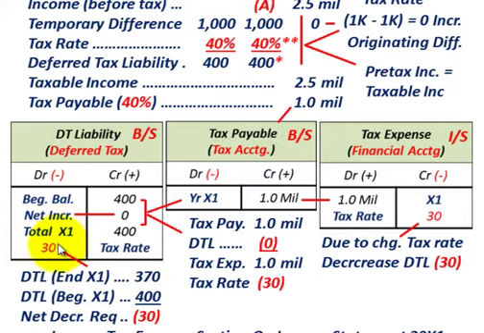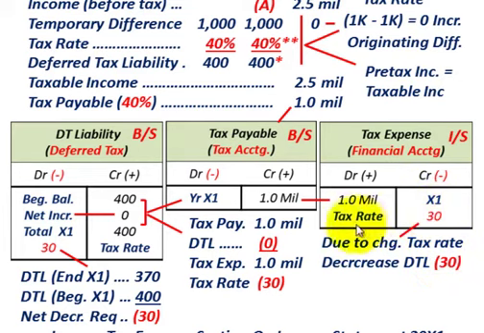Reducing our deferred tax liability by $30,000 for the change in that tax rate also reduces our tax expense on our income statement. We would credit, or reduce, that by $30,000. So due to the change in our tax rate, the decrease in our deferred tax liability was $30,000, and that reduced our tax expense.